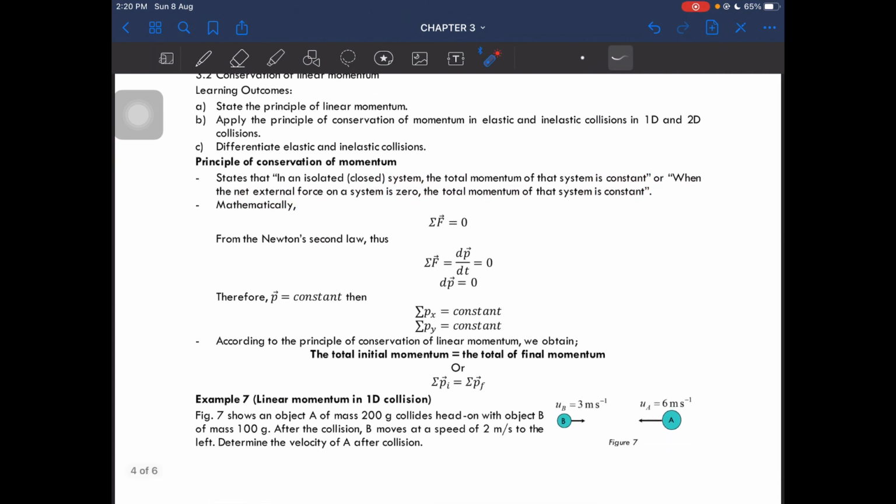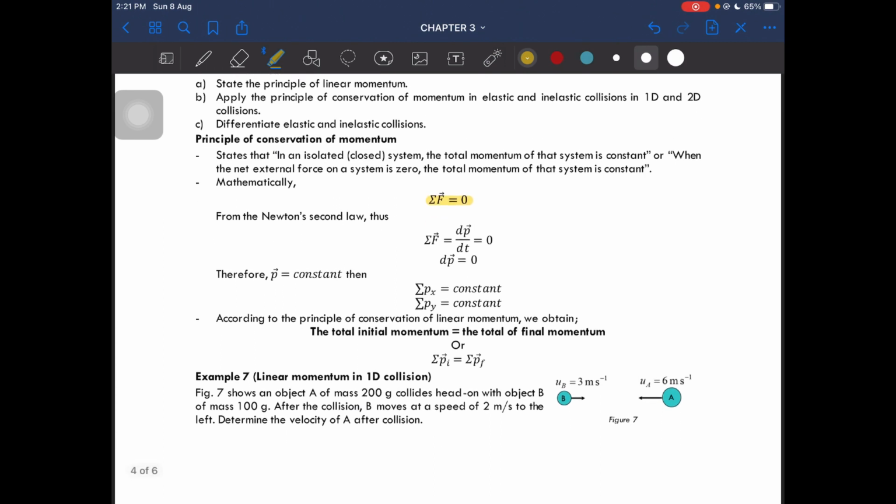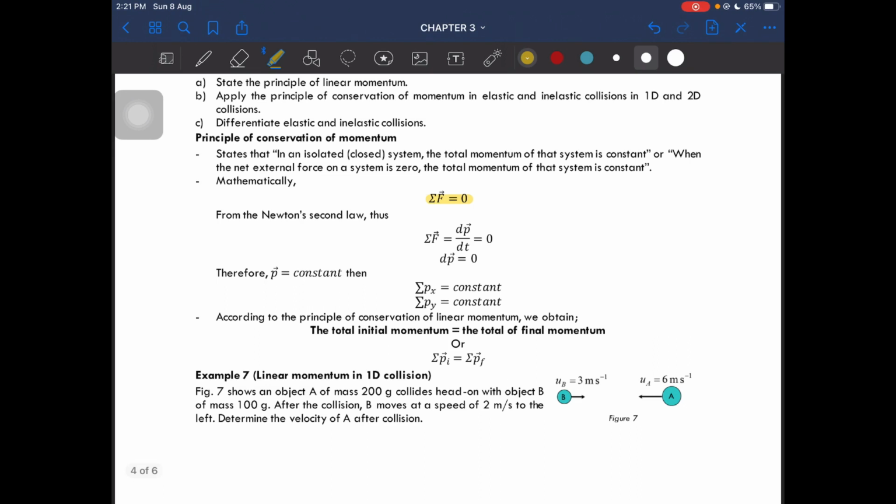So mathematically it means that the total force should be equal to zero. From Newton's second law, we know that the total force is equal to the rate of change of momentum. In this case, the principle of conservation of momentum says it should be equal to zero. Hence, the change in momentum should be equal to zero as well.